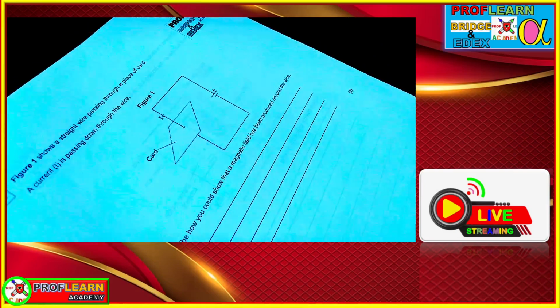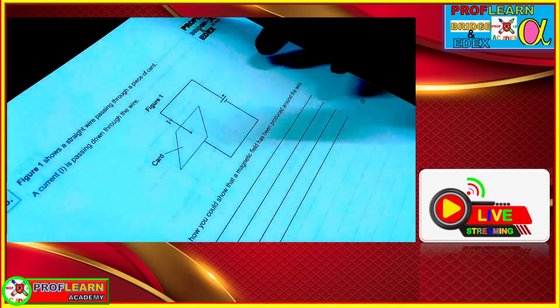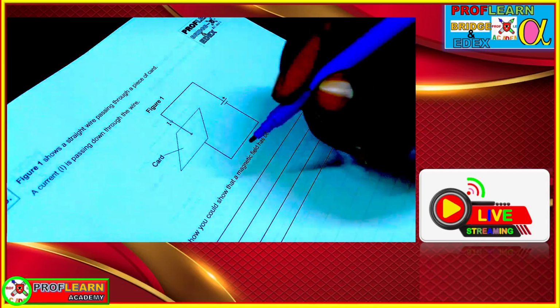All right, so let's move to the next question, and this next question says, the figure shows a straight wire passing through a piece of card, and this is one of the methods you can use to study the magnetic fields around a conductor. A hole is created, and then the conductor that is carrying current is passed through this particular card.